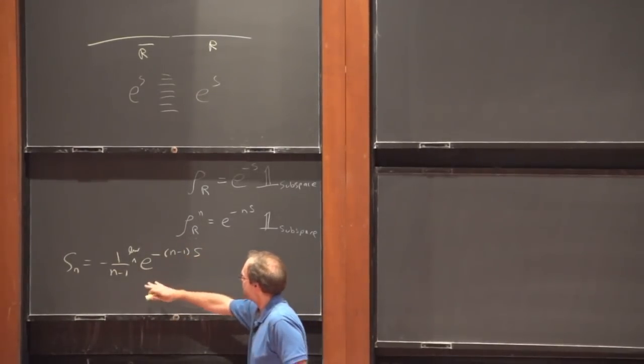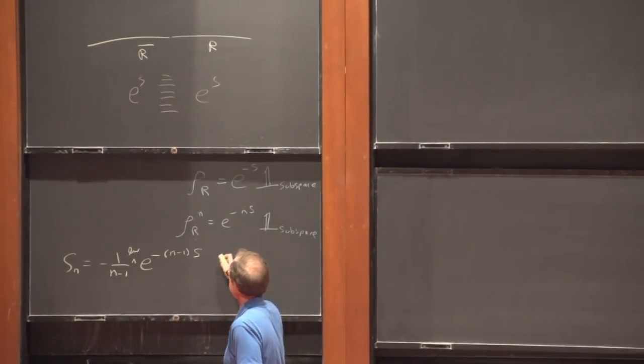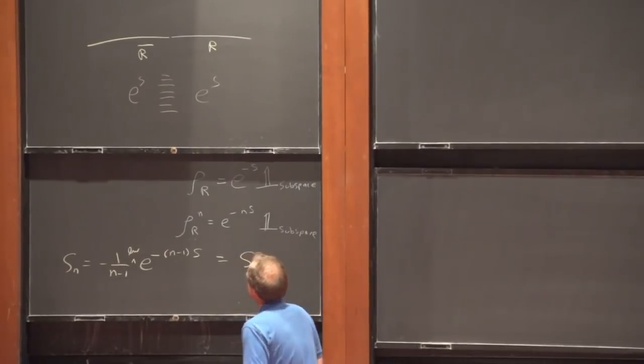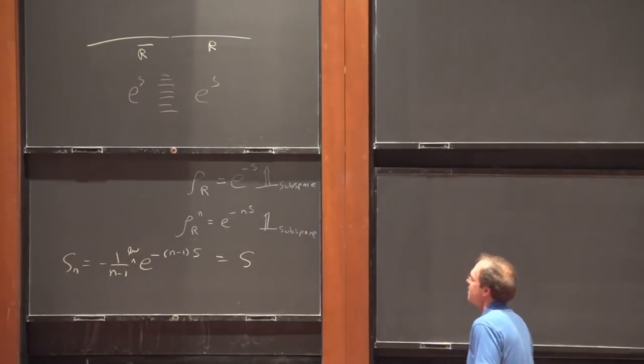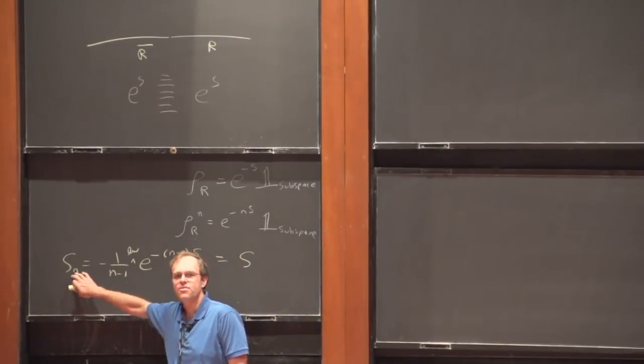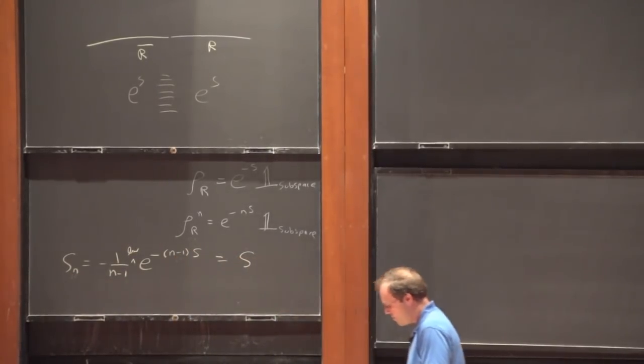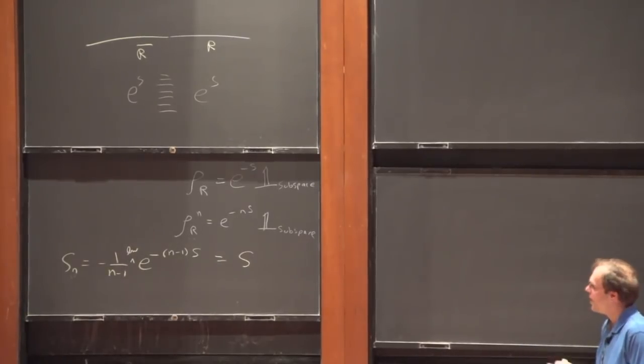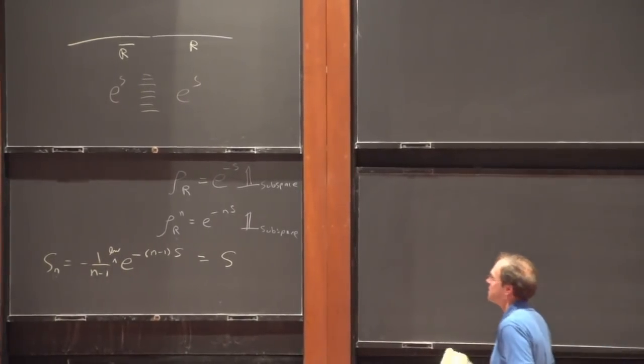And you see that when you take the log, you get an n minus 1, which cancels here. And so this is simply s. In particular, this model predicts that Renyi entropies are all constant in the sense of being independent of the Renyi number n, which is certainly not what one finds in an actual holographic bulk calculation.